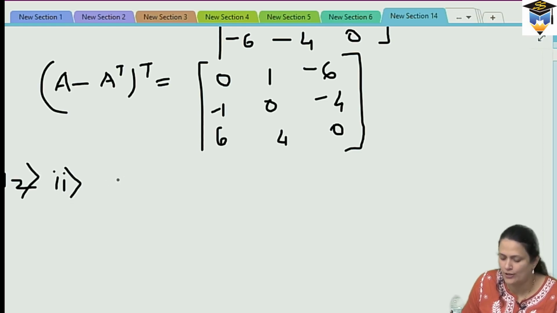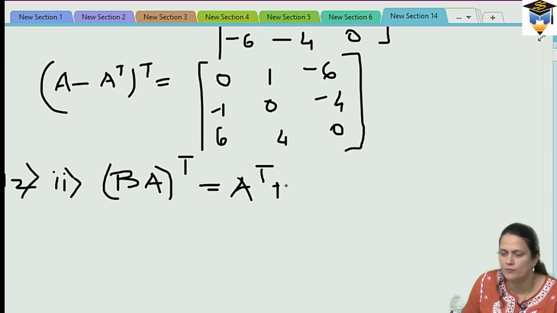Now here we are going to solve question number 12, the second one. They have told us to prove that (BA) transpose is going to be A transpose into B transpose.